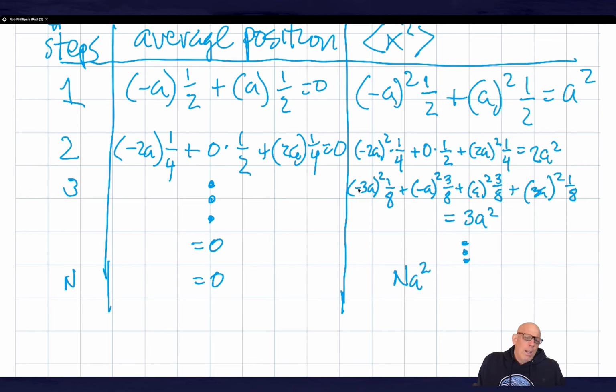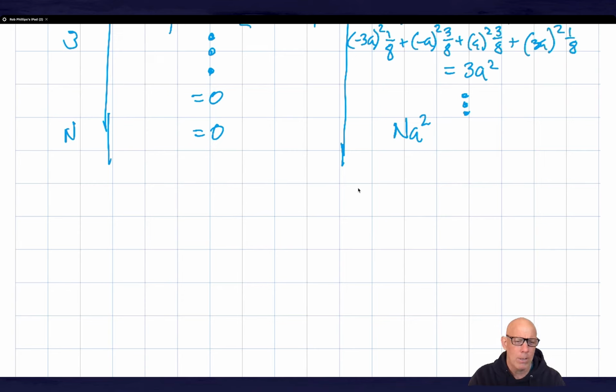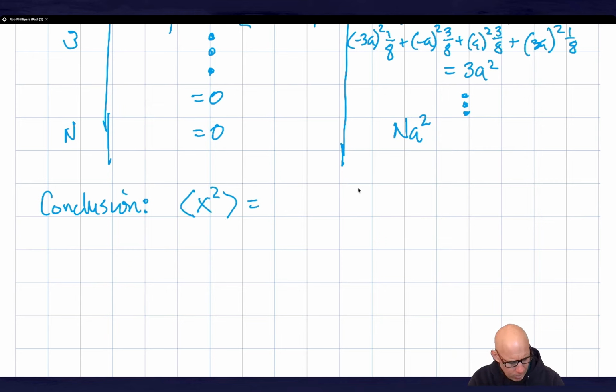So what we've confirmed is this conjecture. I shouldn't say we confirmed it. We see the pattern continues, and the confirmation will actually come in the form of a homework in which you use the binomial distribution itself to work out the mean square displacement. So what is the conclusion? The conclusion is that average x squared for this random walker is given by na squared, and n is equal to the total time divided by the time step.